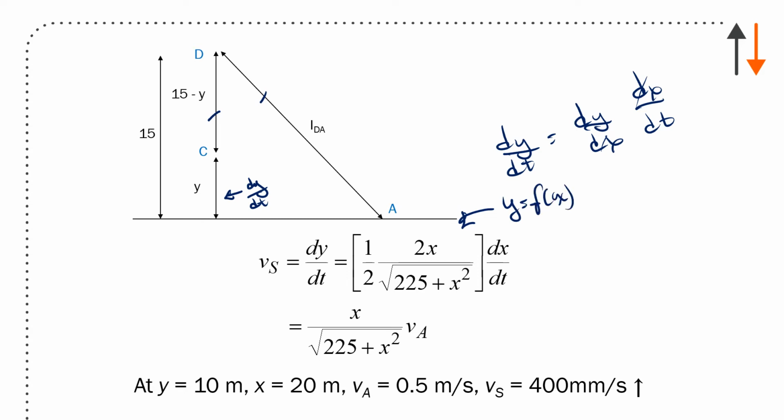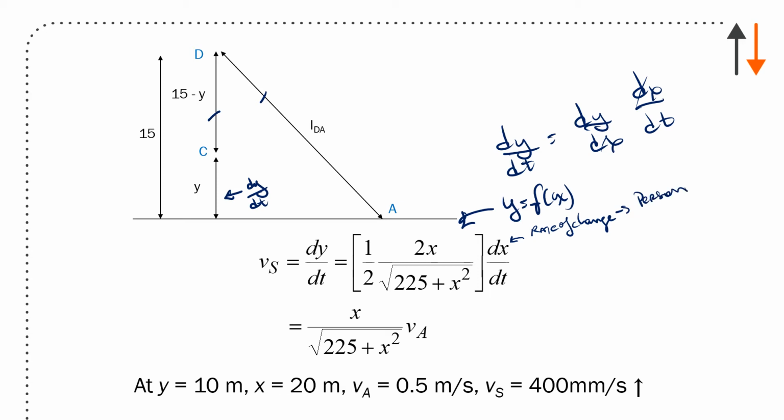And so I can say after some manipulation, it's 1/2 times 2x over the square root of 225 plus x squared, times dx/dt. And dx/dt is the rate of change, or the velocity of x, which is the person.